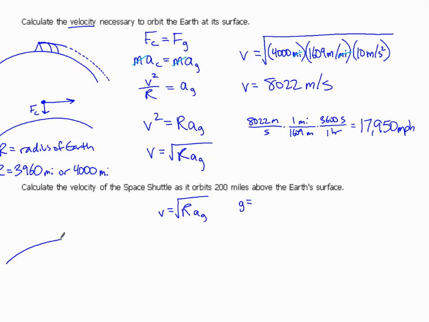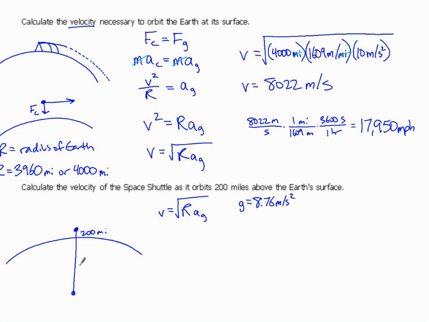So let's draw, here's the Earth. Here it is. This is 200 miles. Gravity is actually less. Gravity is 8.76 meters per second squared. So we have to use a different value for G.